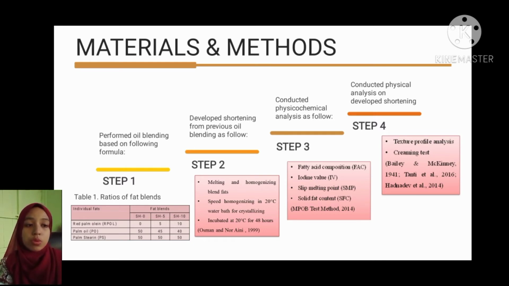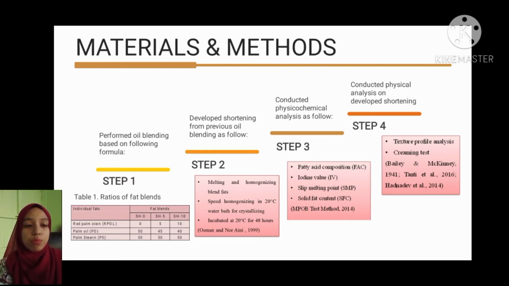Then comes the development of shortening from the oil blends using this particular method, which started with melting and homogenizing the fat blends, then speed homogenizing the fat blend at 20 degrees Celsius in a water bath for crystallization. Then the fat blend was incubated at 20 degrees Celsius for approximately 48 hours in order to produce shortening.